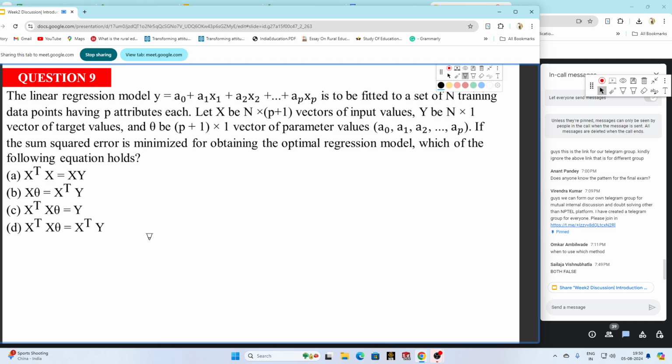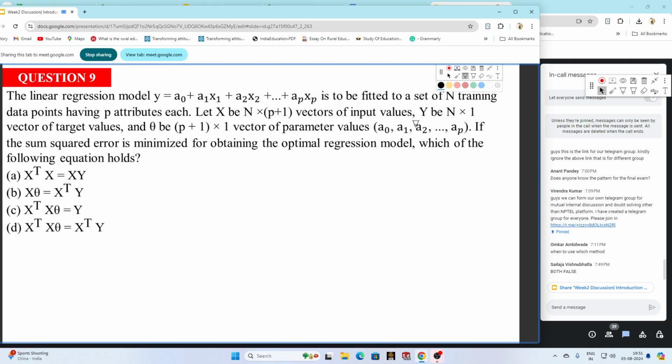Now question number 9. The linear regression model y equals a0 plus a1 x1 plus a2 x2 plus ... plus ap xp is to be fitted, with training data points having p attributes. Let X be the data matrix, with one vector of targets y. Here they have used theta instead of beta, and theta is your a0, a1, a2, ..., ap.